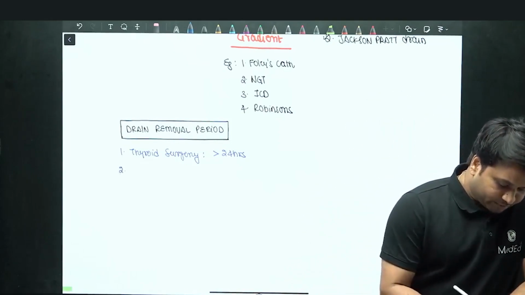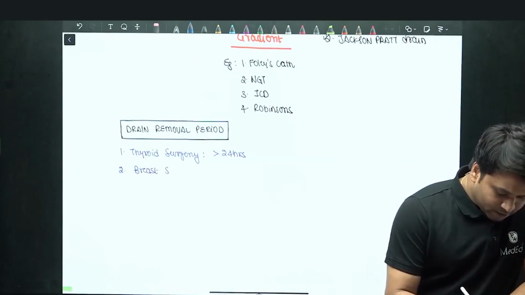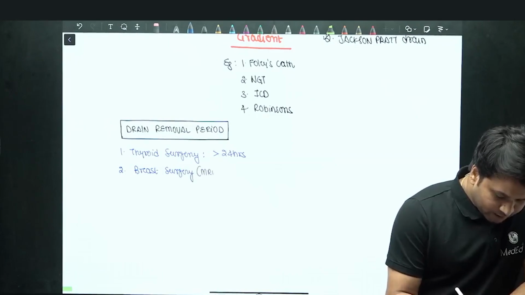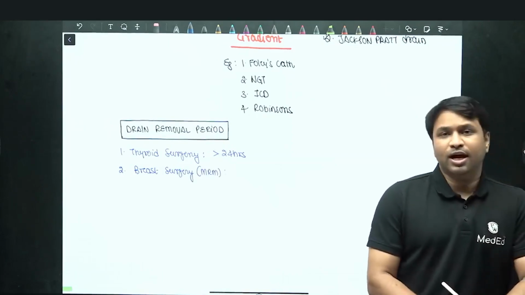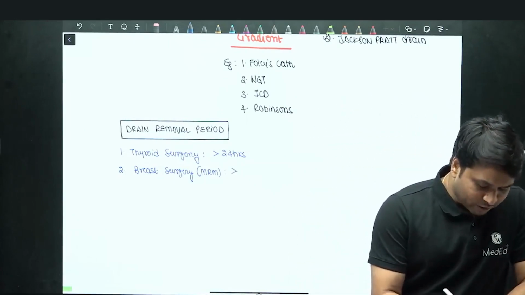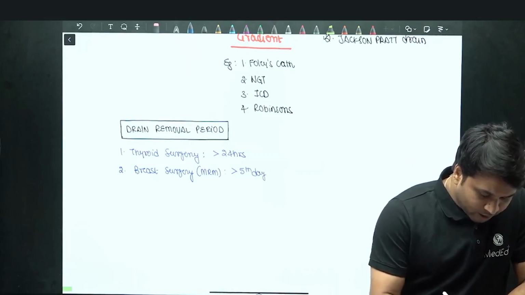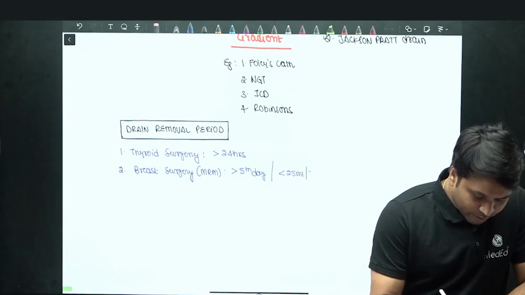The second, if you have put the drain in the breast surgery, we're talking about surgeries like modified radical mastectomies or mastectomies. I have put the drain to look for seroma, which is a byproduct of inflammation. That will be for until 4 days. So after the 5th post-operative day, or if there is less than 25 ml of drain in 24 hours.